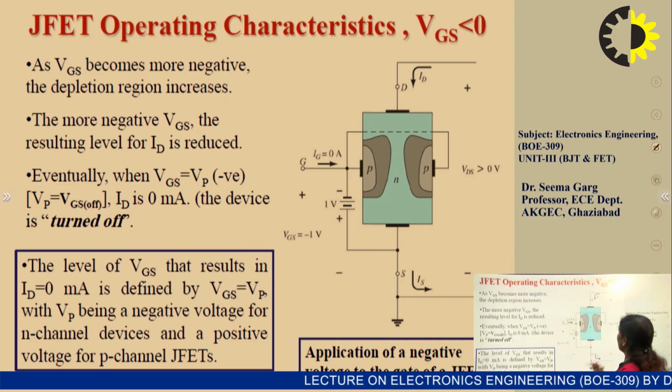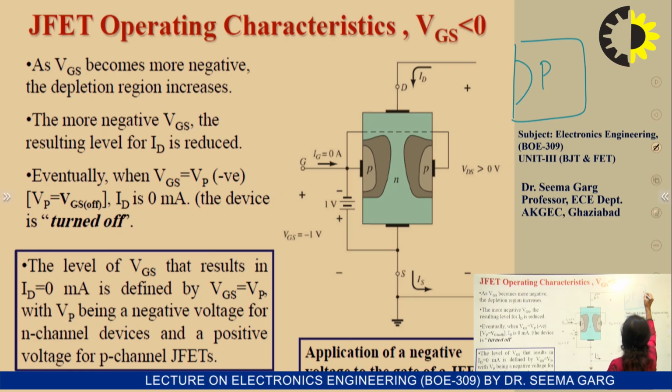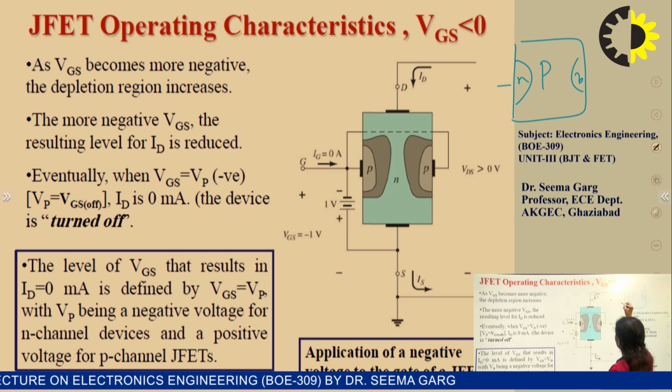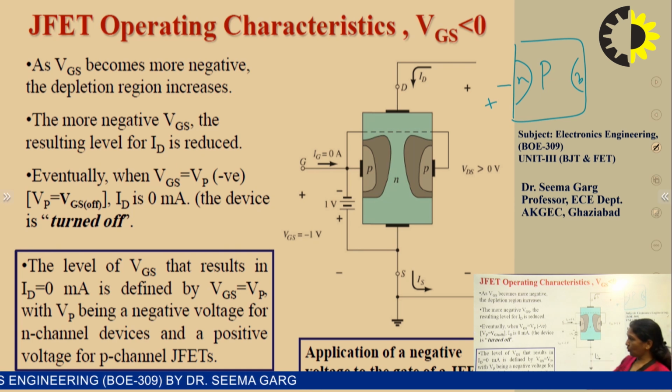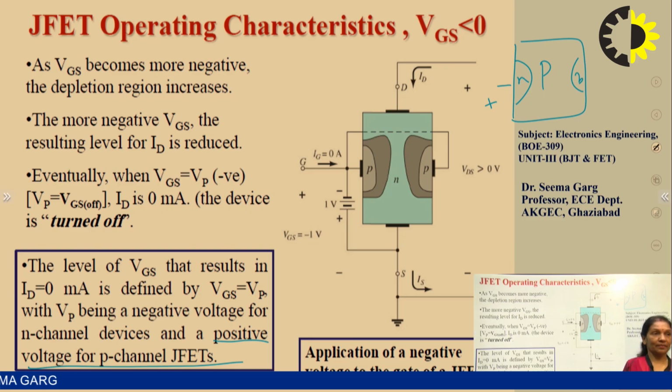For P channel, the gate is N type. To make this reverse biased, it should be connected to the positive terminal. And that is exactly what is written here, that this is a positive voltage for the P channel JFET or junction field effect transistor.